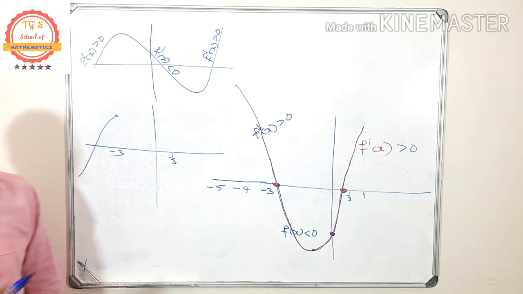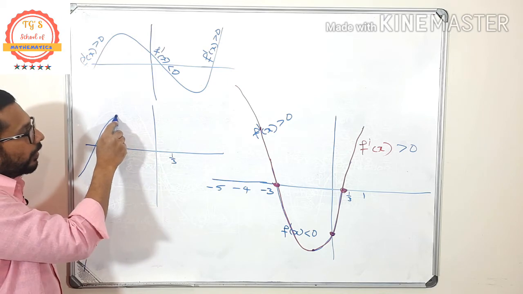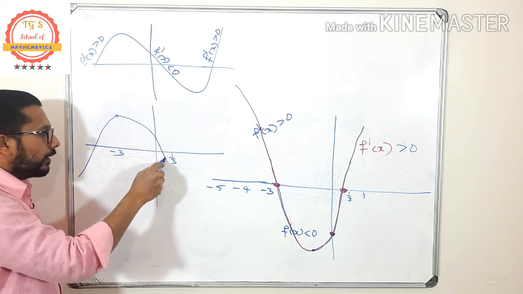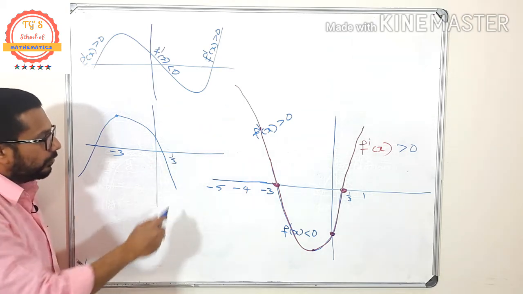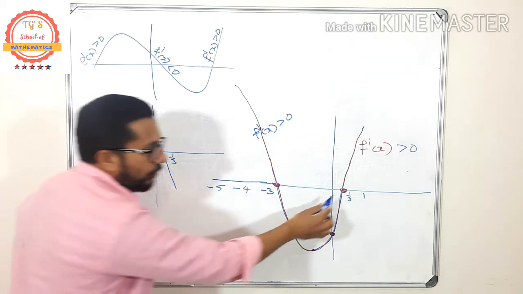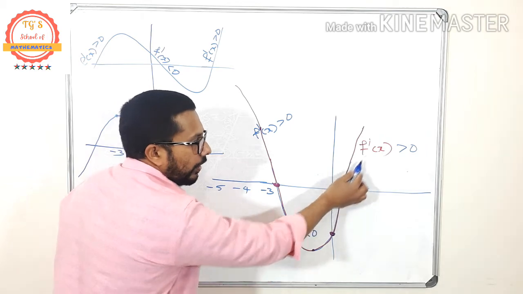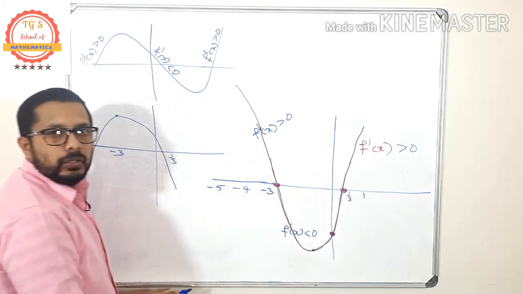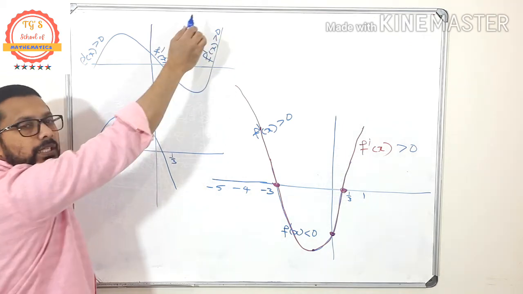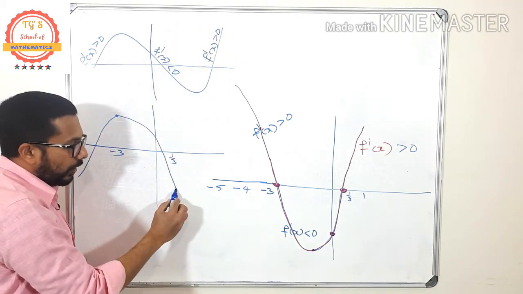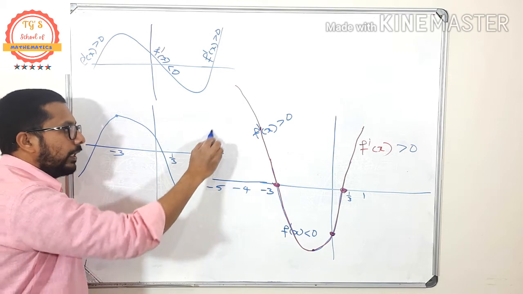Can you see? The original graph is decreasing up to 1 over 3. Then after 1 over 3, f dash of x is greater than 0, which means the original graph is increasing. After 1 over 3, the original graph is increasing.